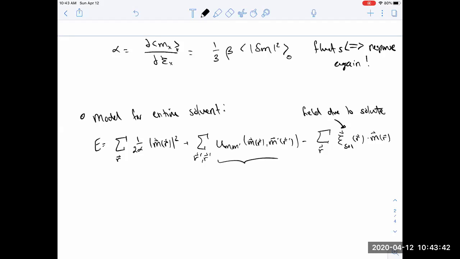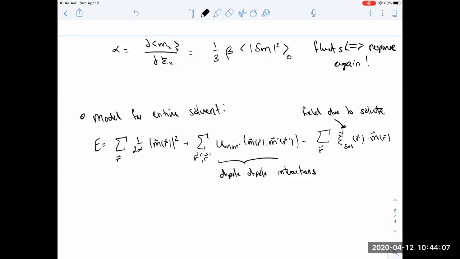So again, the three components are the field due to the solute and how it acts on the solvent, the dipole-dipole interactions, that term is going to be what makes this complicated. This is an interacting model.